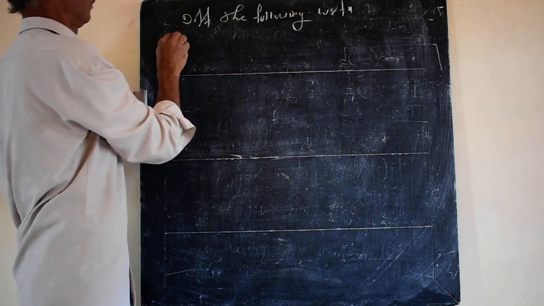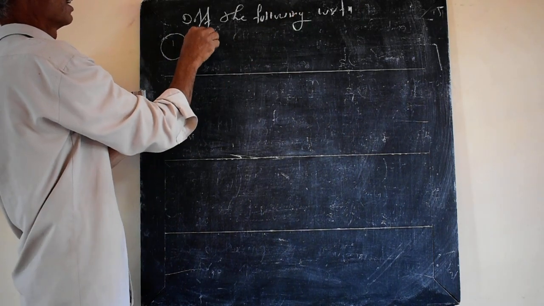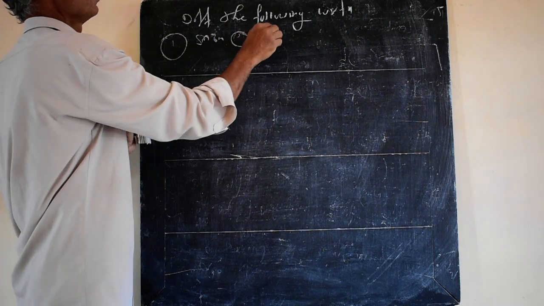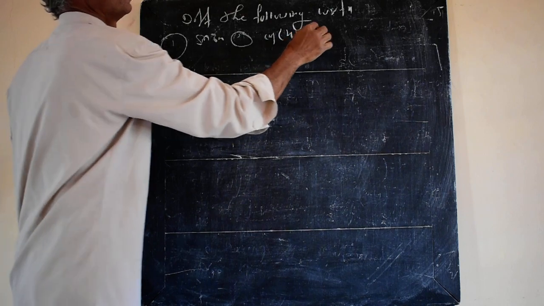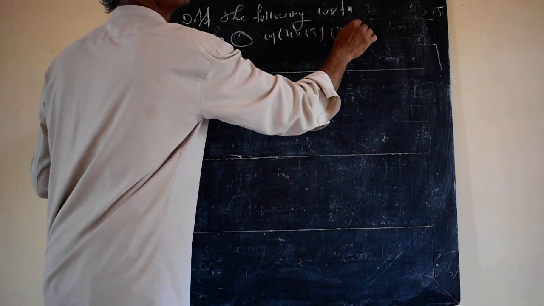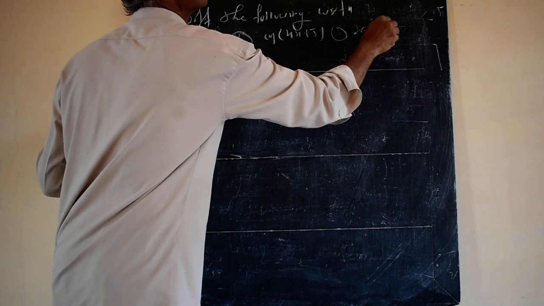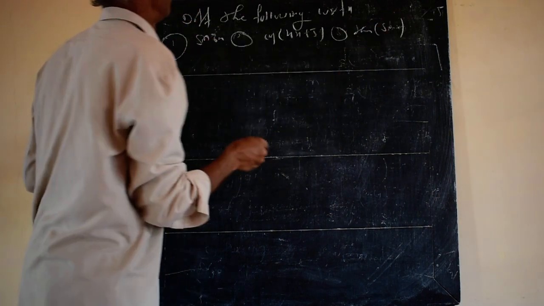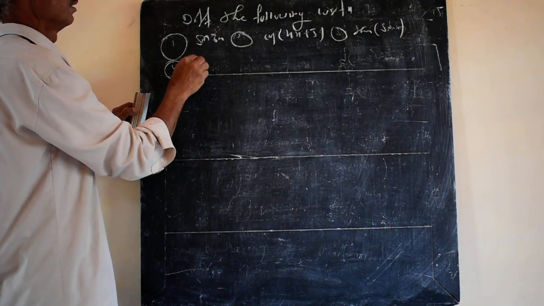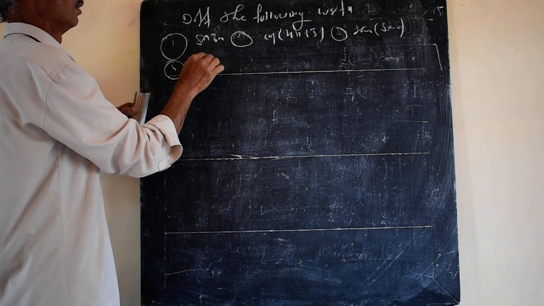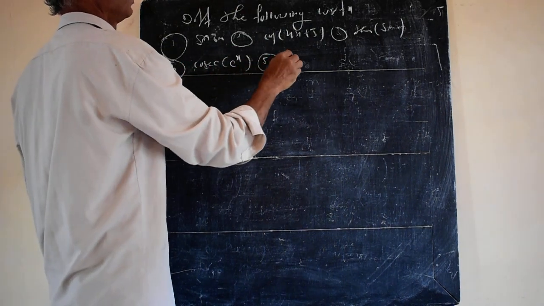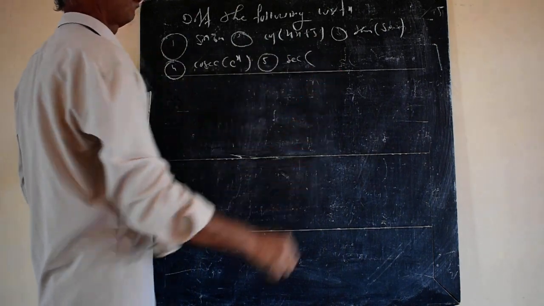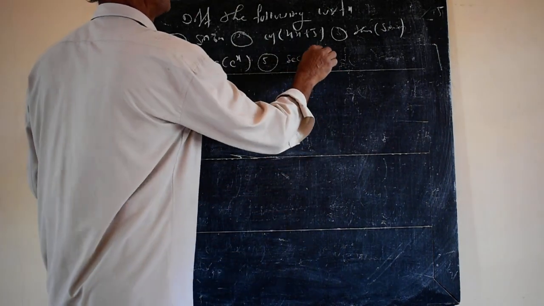First one is sin 3x. Second one is cos of 4x plus 5. Third one is tan of sin x. Fourth one is cosec of e raised to x. Fifth one is sec of x by 2.